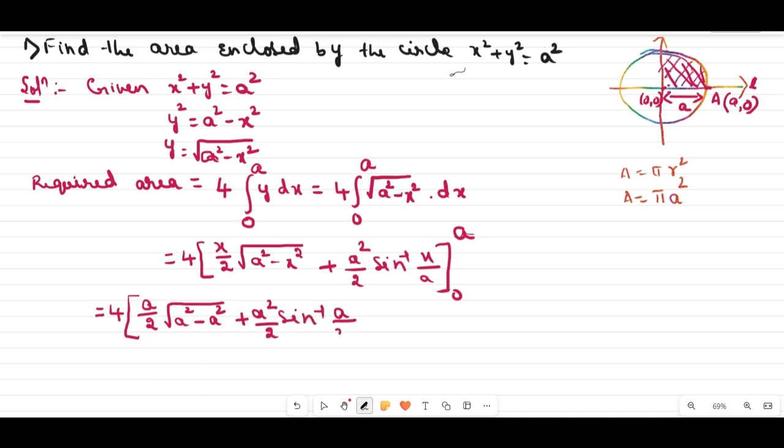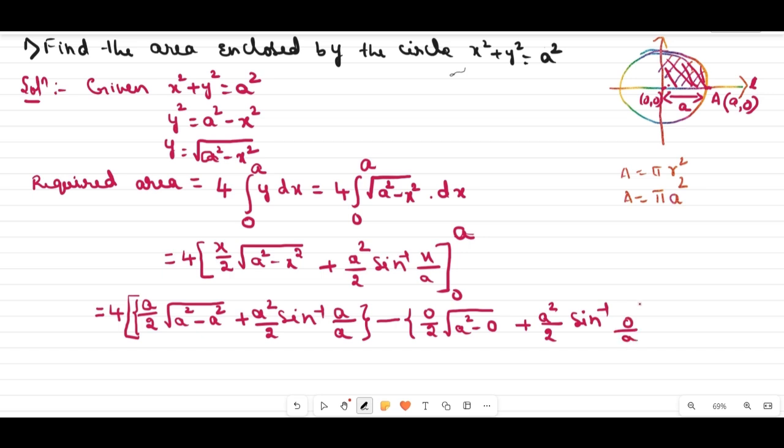Applying the upper limit is over. Put a minus symbol, with a bracket in between, and apply the lower limit: 0 by 2 into root of a square minus 0 plus a square by 2 into sine inverse of 0 by a.